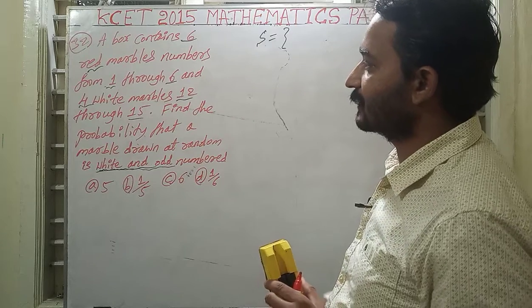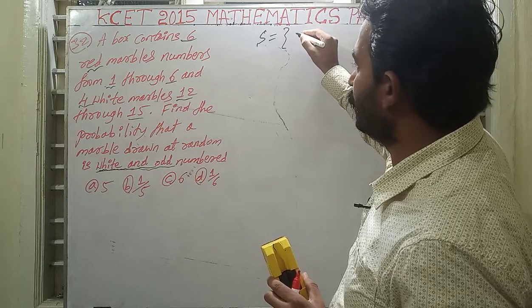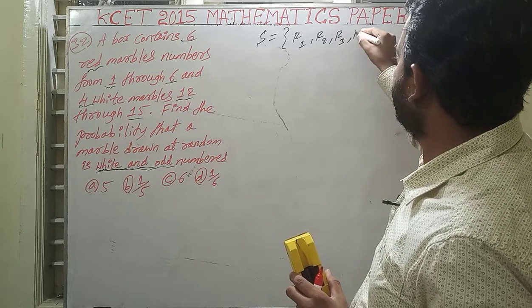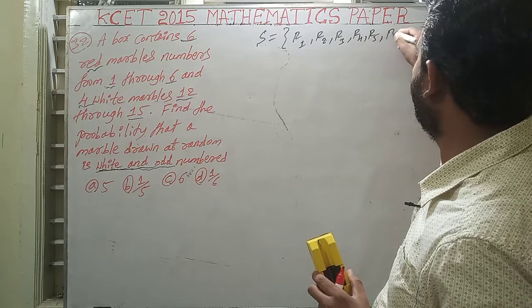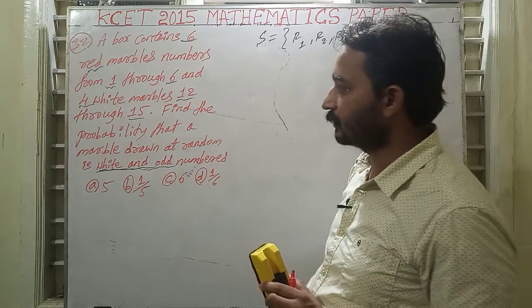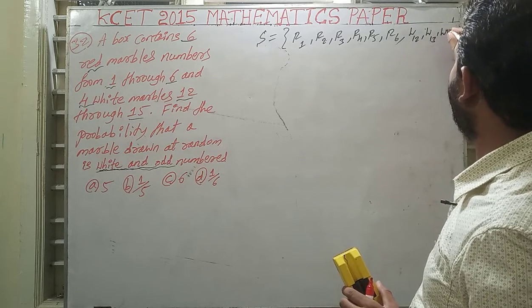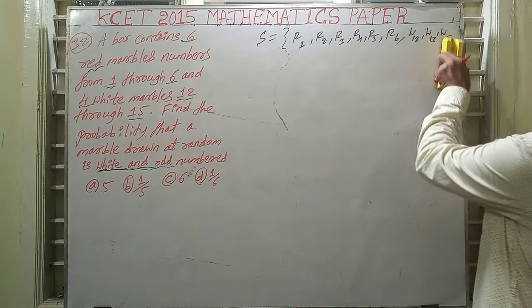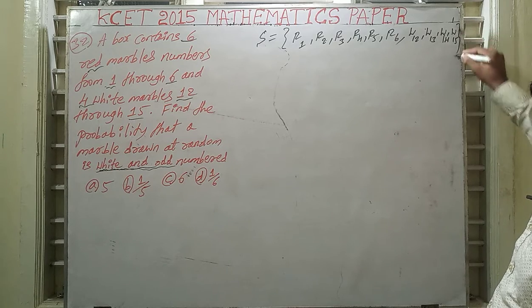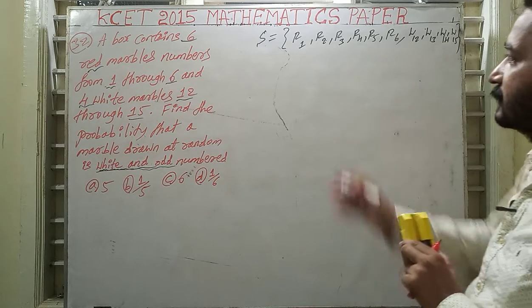A box contains 6 red marbles, numbered R1, R2, R3, R4, R5, R6, and 4 white marbles numbered from 12 through 15: white 12, white 13, white 14, white 15. So the number of sample points in this sample space is 10.